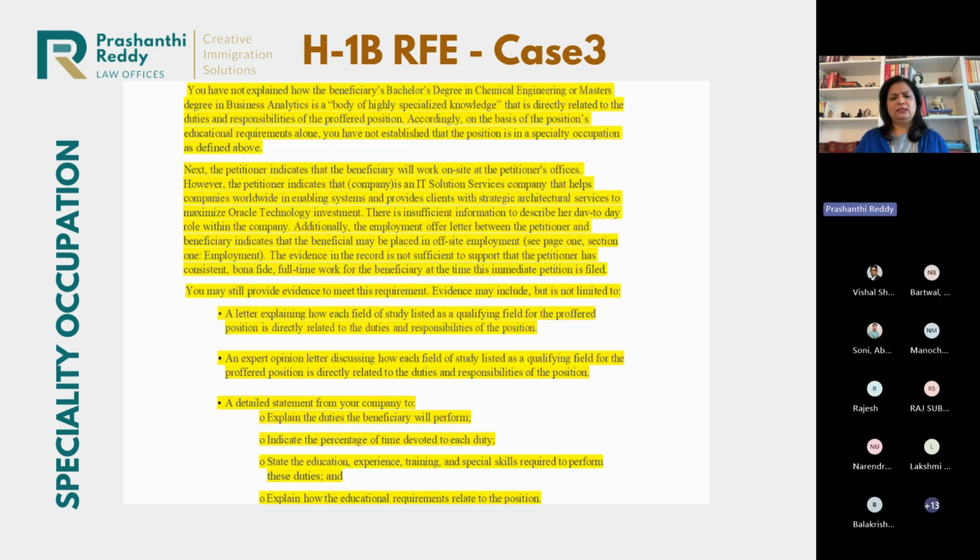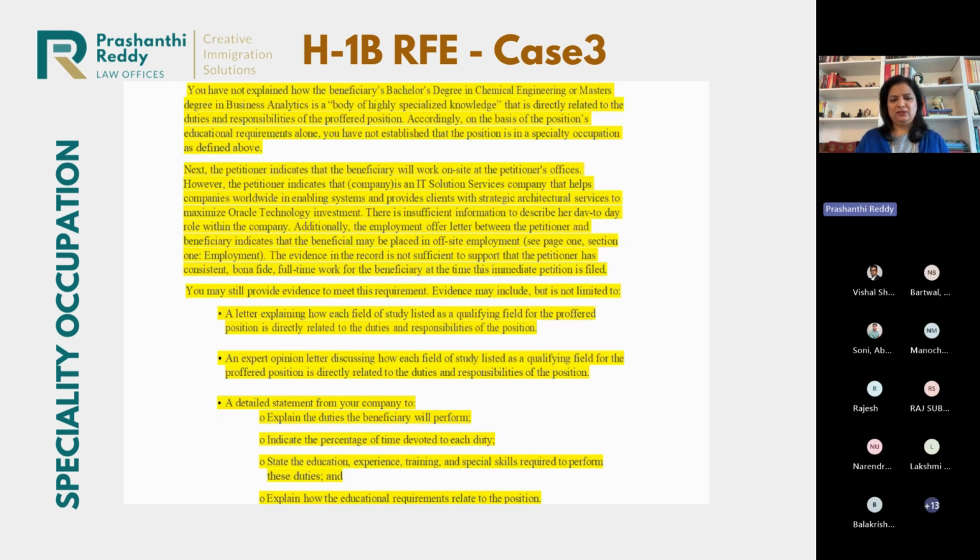So those are the few things that we did to explain the complexity of the job. With reference to the complexity of the job, we also said that a bachelor's degree is required because the job is so complex. So we explained how it's complex, and what the complexities are in this particular job. So these are some of the ways you would respond to a specialty occupation RFE.